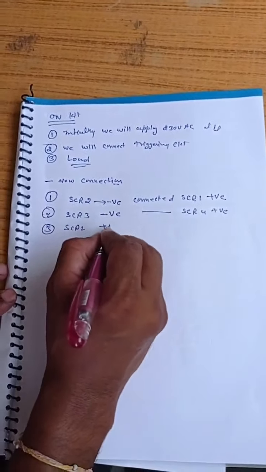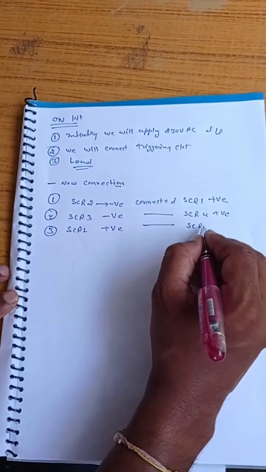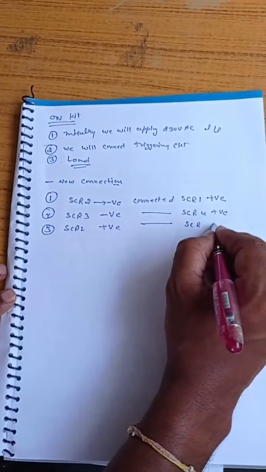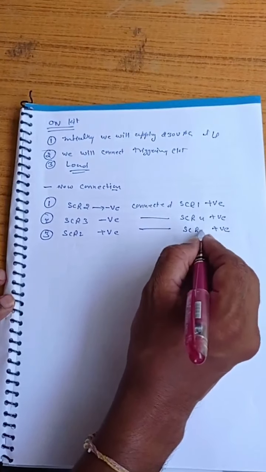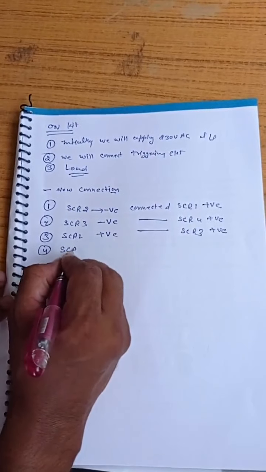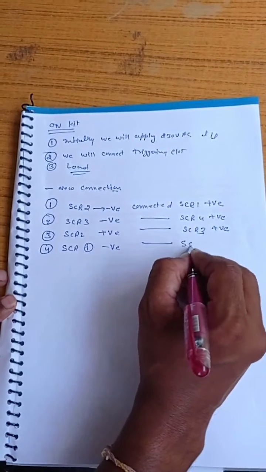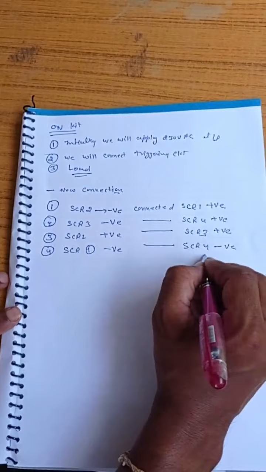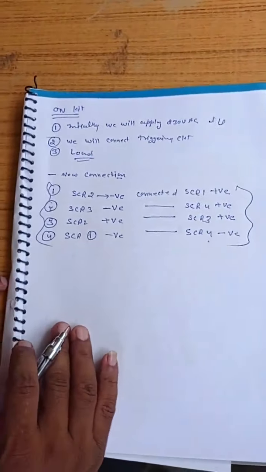SCR2 positive is connected to SCR3 positive, and fourth, SCR1 negative is connected to SCR4 negative. So by using this connection we will design the bridge.